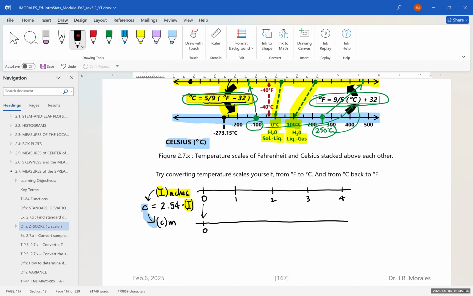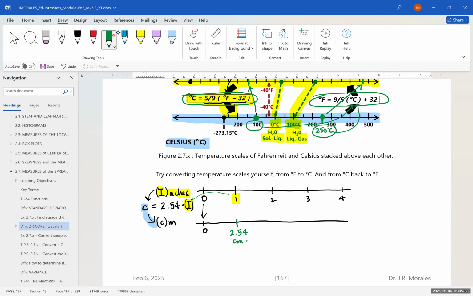So if we plug in 1 inch into our equation, then 1 times 2.54 will be 2.54. So 1 inch is equivalent to 2.54 centimeters.